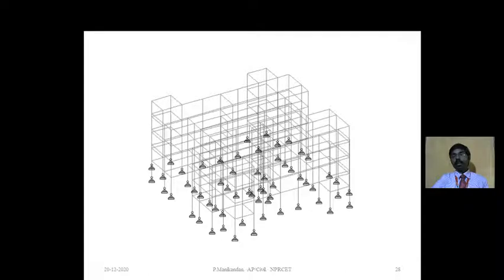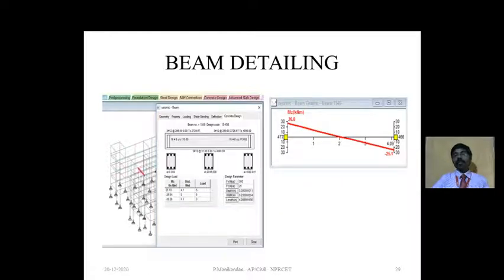Here we have prepared the structural frame model of a building, and after creating the plan, we have to assign the properties like beam and column cross sections, and the loads acting on the members have to be assigned to it.